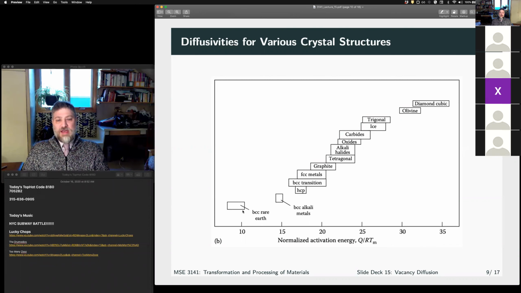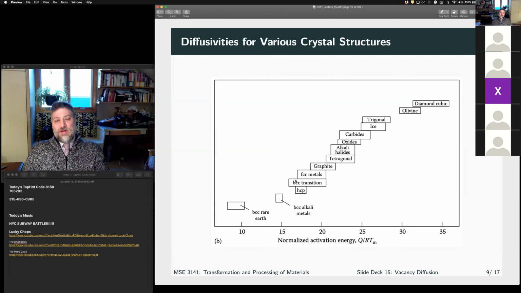And notice that BCC metals have the lowest activation energy, right? It kind of makes sense, a more open structure, so diffusion is going to be faster here. Notice that FCC metals and HCP metals are here.